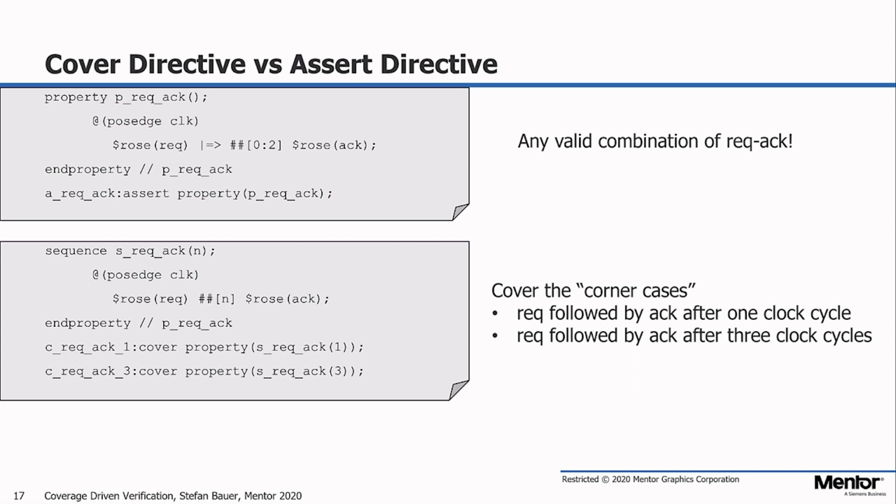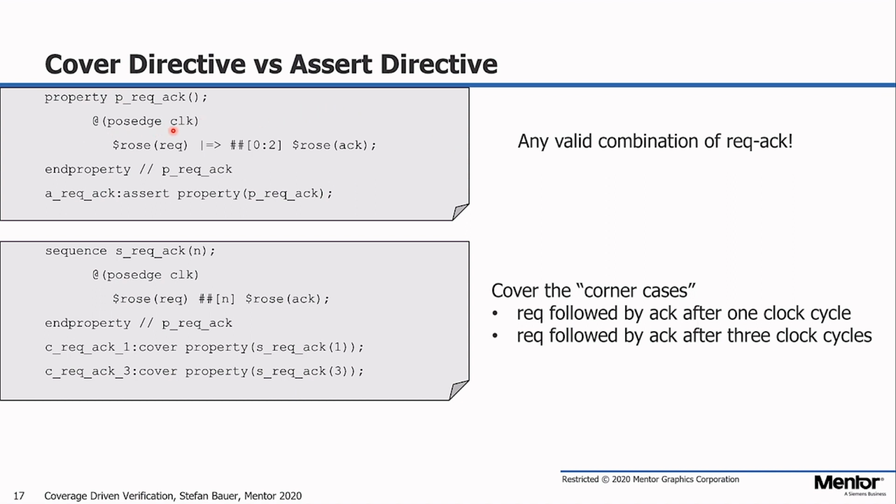Now, I quickly want to show you the differences between the assert and the cover directive. I know that this example is SVA, but you can use PSL in exactly the same way. There are some differences in the syntax, but from the usage point of view, it's exactly the same. So, let's have a look at this property here.